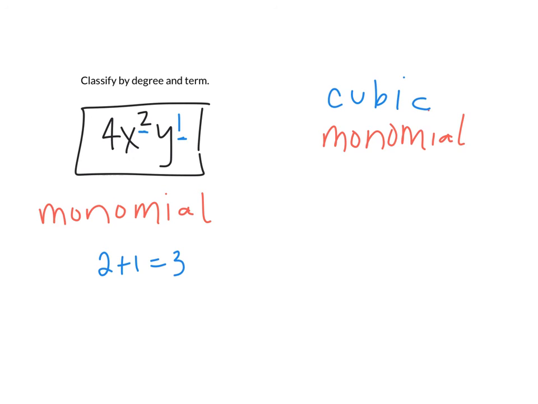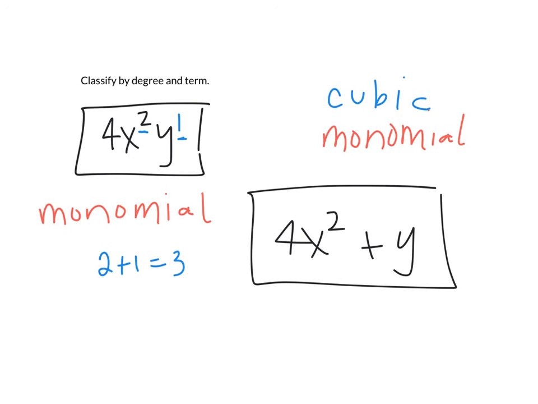Now this is going to be different from this problem. As soon as you have 4x squared plus y, we have the plus sign. This is now turning it into a binomial because there are 2 terms.